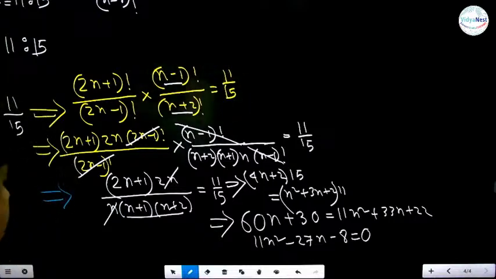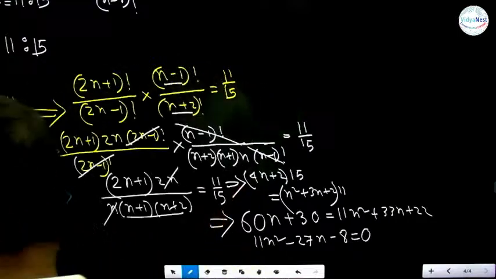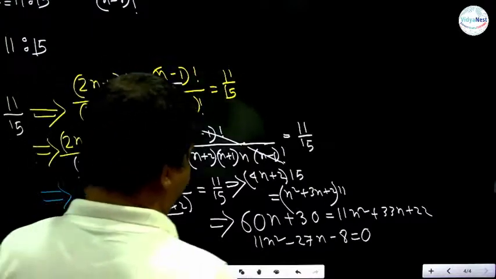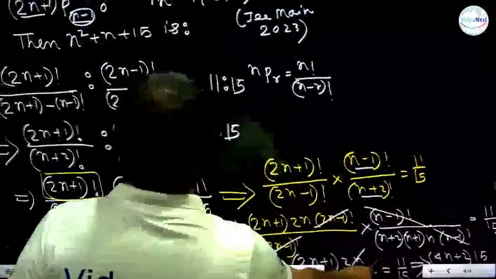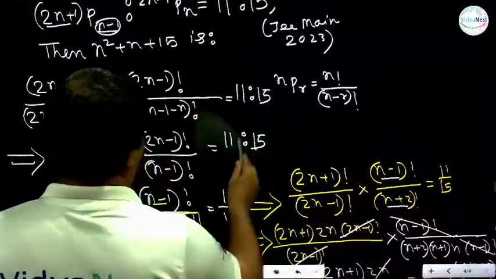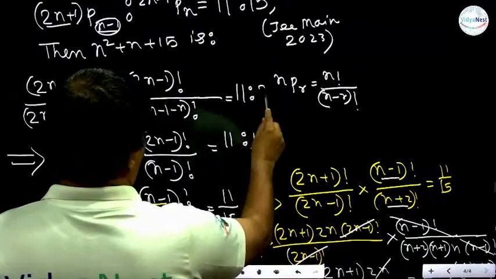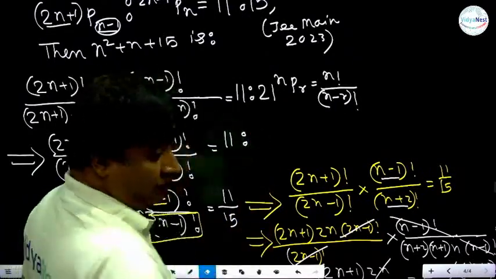Let's see. You also observe whether there is any mistake of mine. So what ratio is given here? I have written 11 is to 15. Oh, see, there is a rectification in the question even. It is 21. Okay. Hello. It is 21.